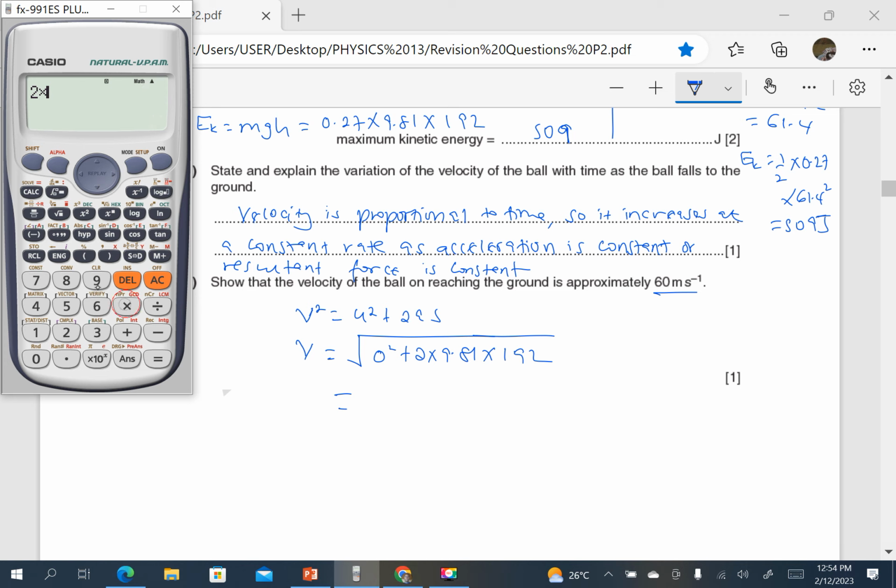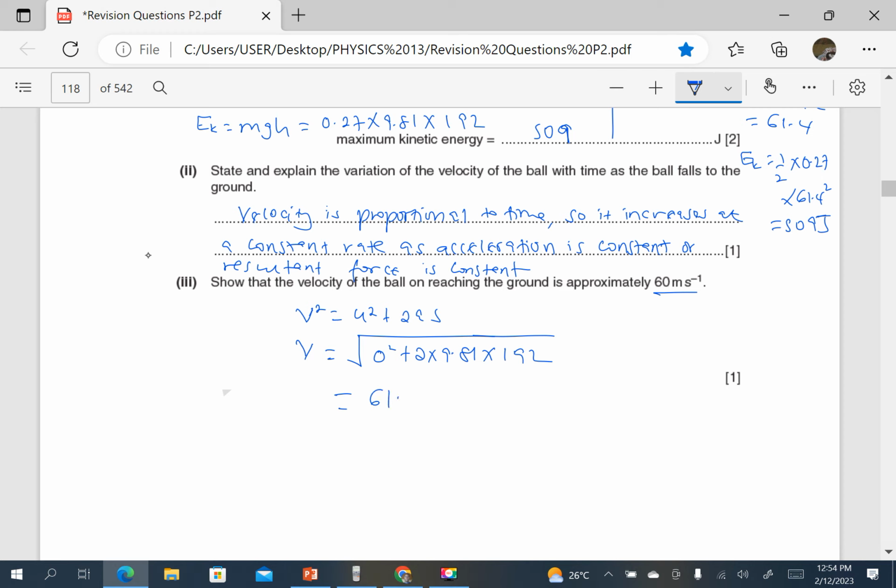That is the square root of 2 times 9.81 times 192, which gives us 61.38, or approximately 60 meters per second.